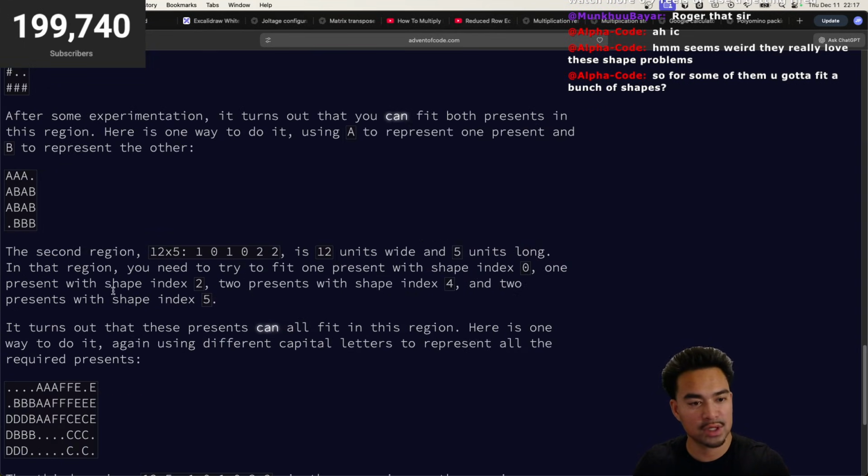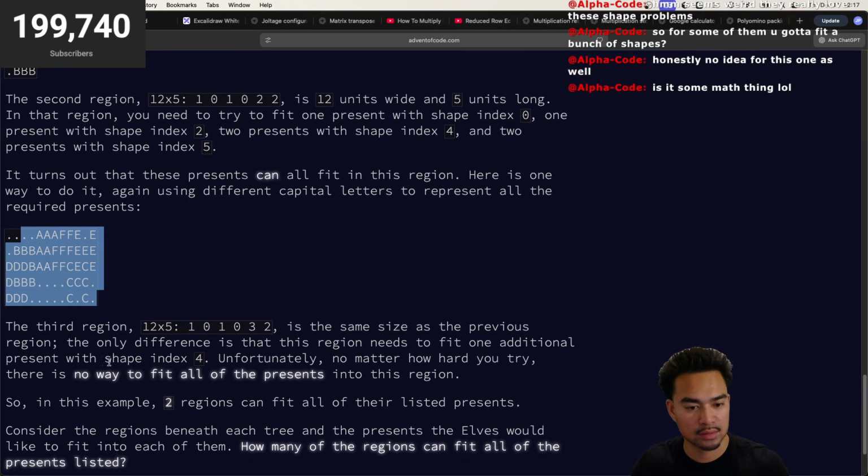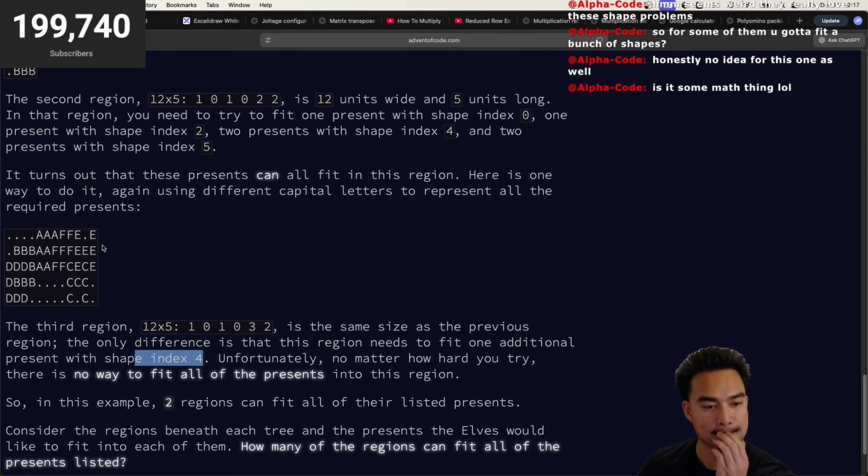Yeah, for this one, Alpha, take a look at this one. For the third region, 12 by 5, you have to fit all of these shapes in there and then you can get this shape. And look at the way that you have to fit it here though.